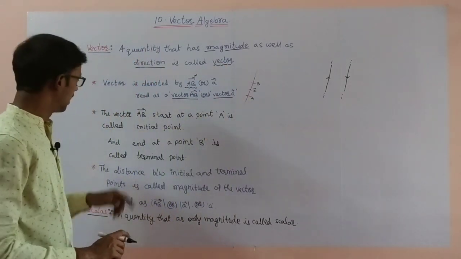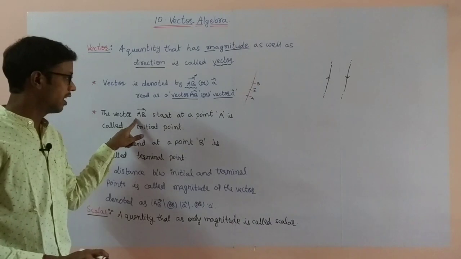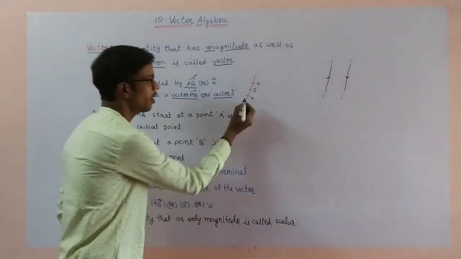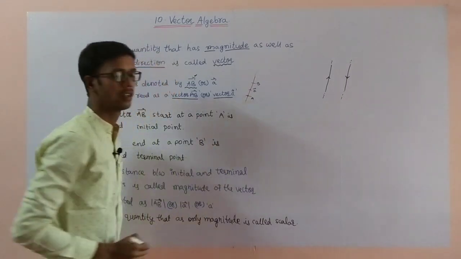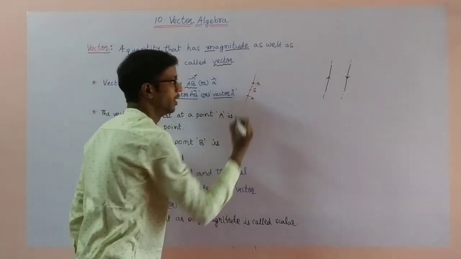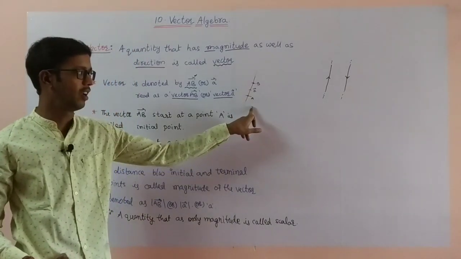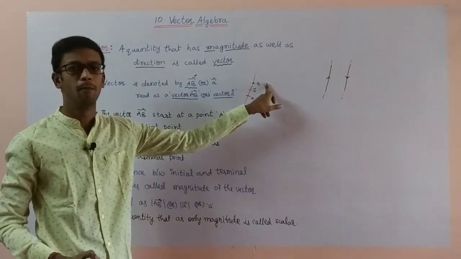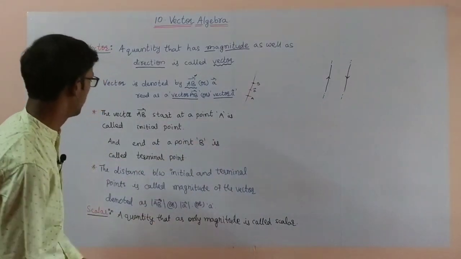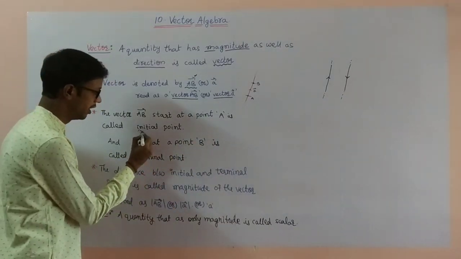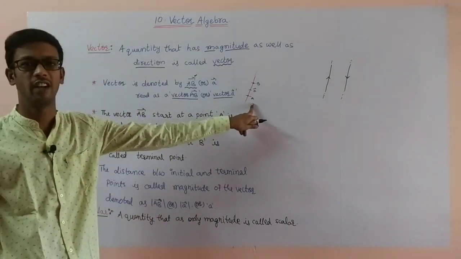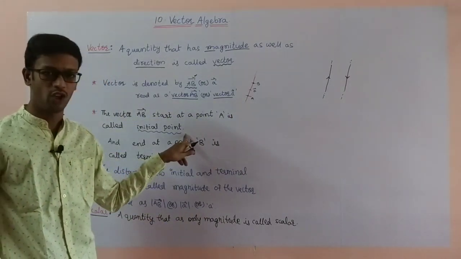Next, the vector AB bar starts at the point A. The starting point is A and the ending point is B. The vector starts at A and ends at B. The starting point of the vector is called the initial point.